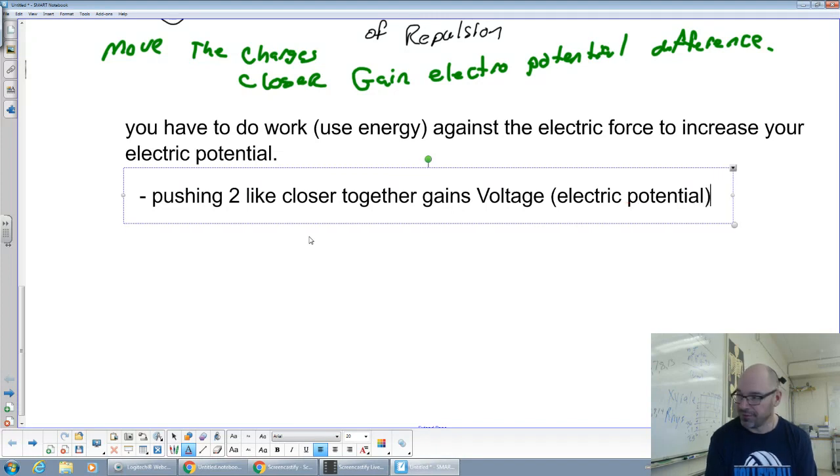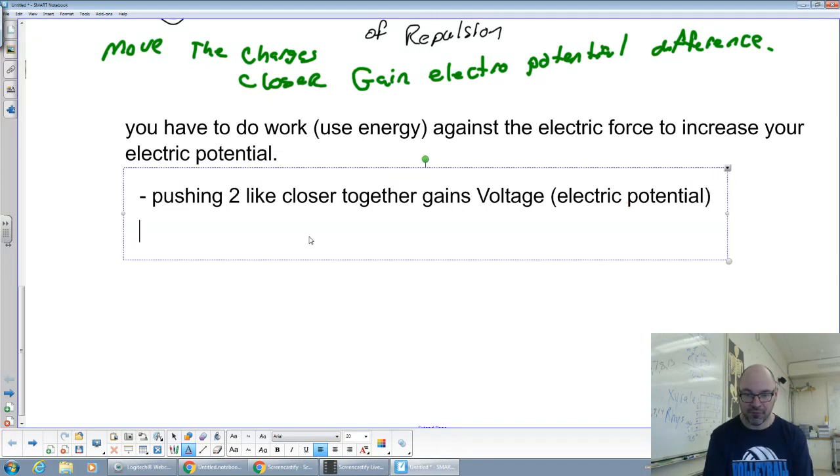The other one that we did is pulling apart two unlike charges.